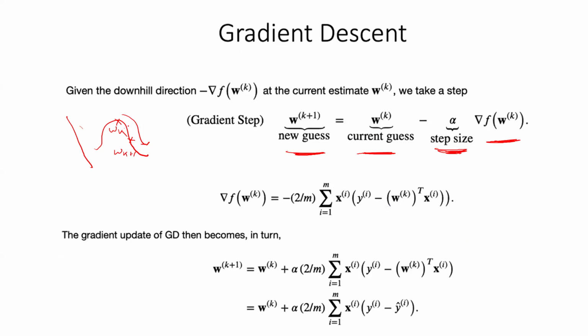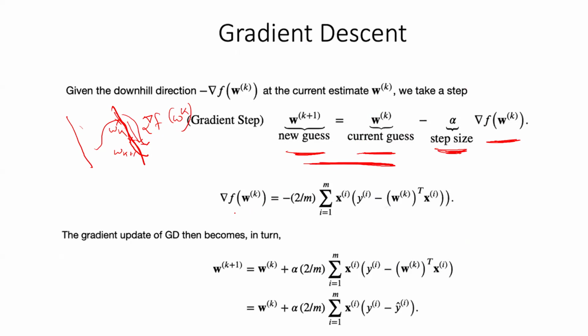To go from wk to wk plus 1, I am using alpha as the learning rate, and also I am applying a gradient step, which is nothing but delta f of w of k. This is the gradient step that is being used.